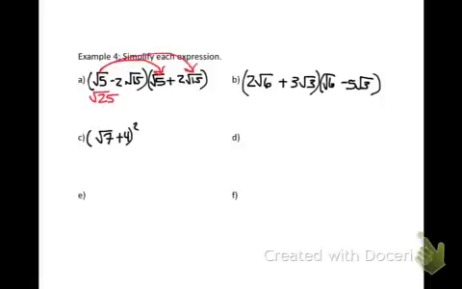Then square root of 5 times 2 square root of 15, which would be plus 2 square root of 15 times 5, 75. And now we do inner, so it would be minus 2 square root of 75.